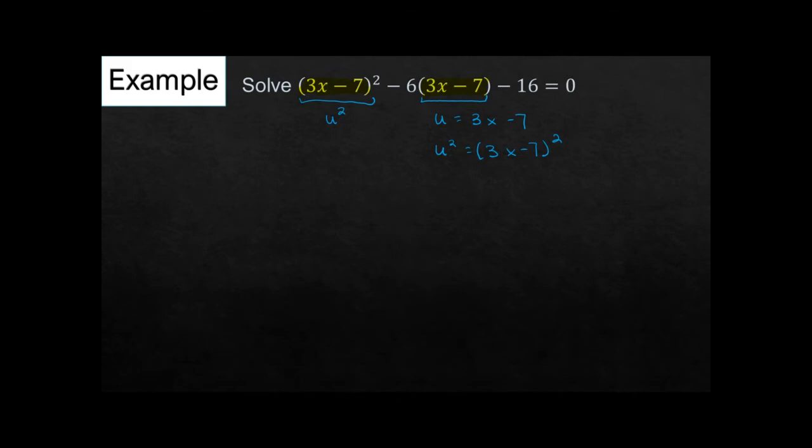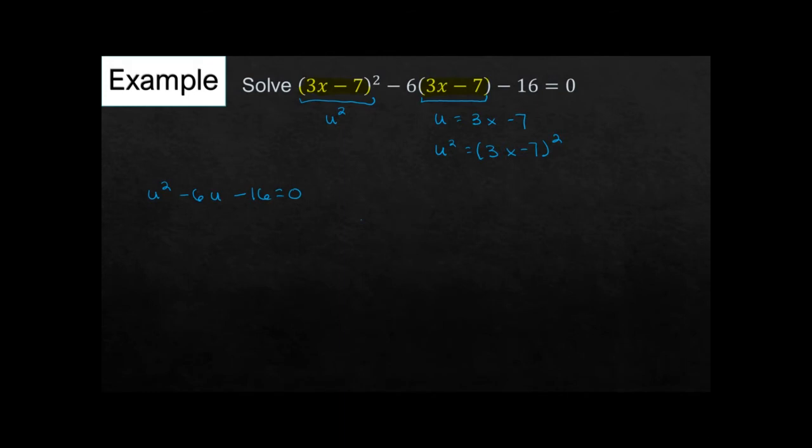So once you've done that, then you substitute it in. So instead of writing 3x minus 7, that thing squared, I can write u squared. Then I have my minus 6, and then u, because I set u equal to 3x minus 7. And then I have minus 16 equals 0.